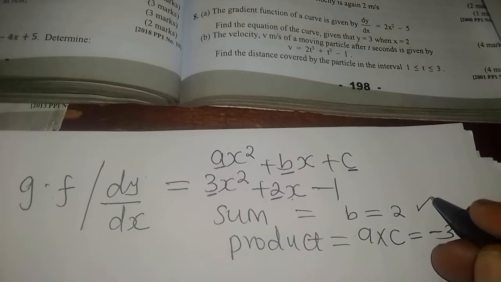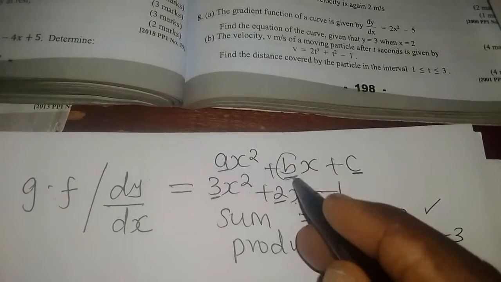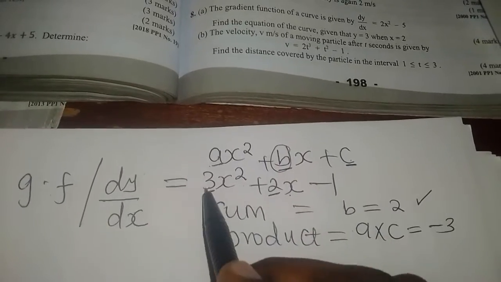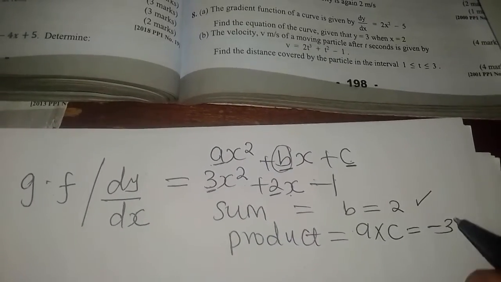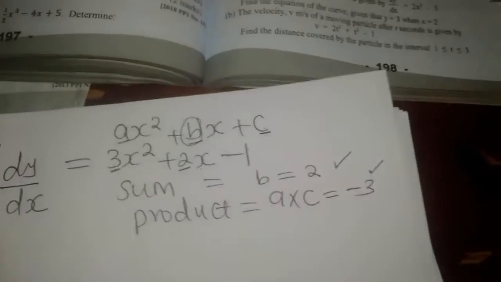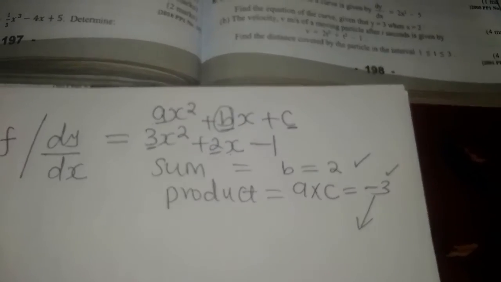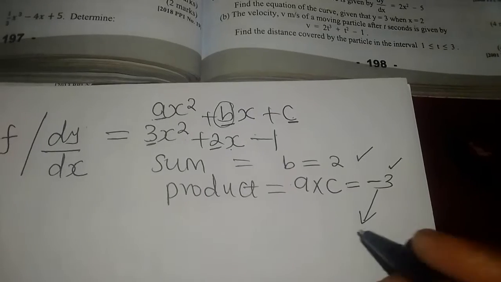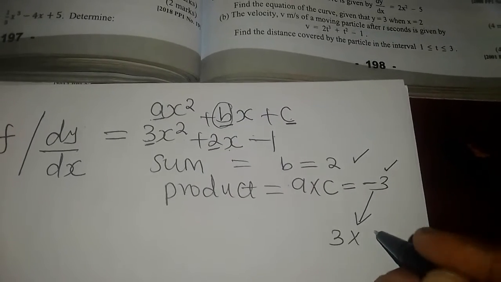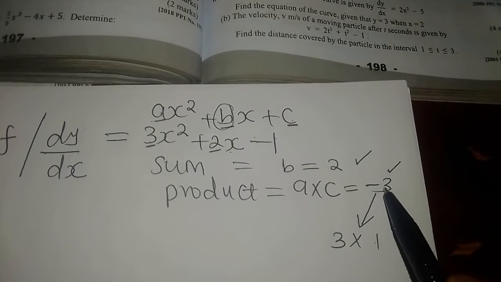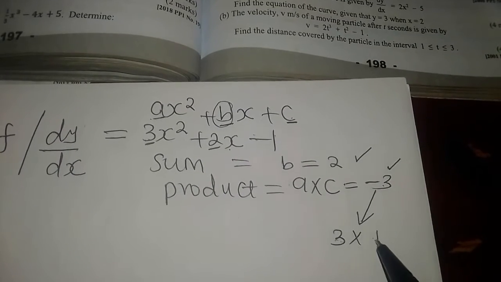So the sum is 2, the coefficient of x, or the b value. Then the product is a times c, 3 times negative 1, which gives me negative 3. Now, which numbers do you multiply to get negative 3? Ignoring the negative, 3 times 1 is 3. Since the product is negative, one of these numbers must be negative.